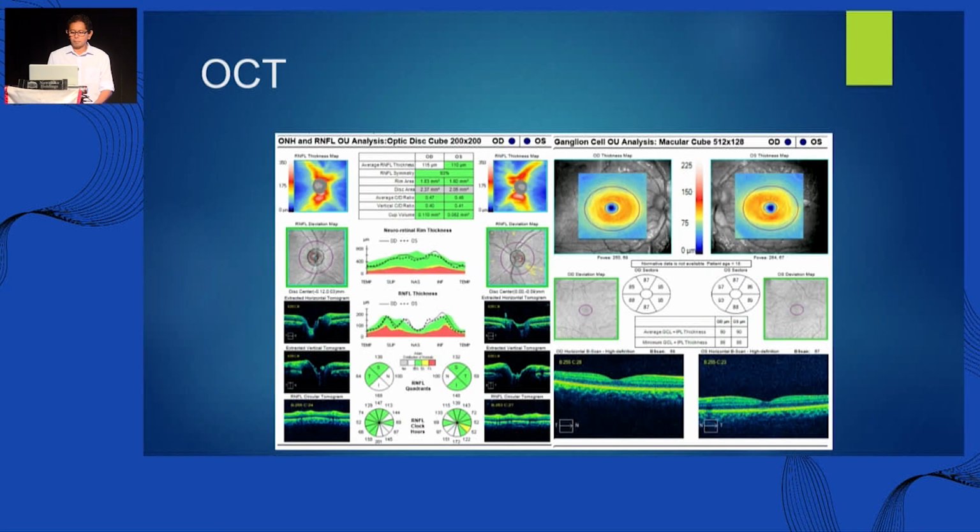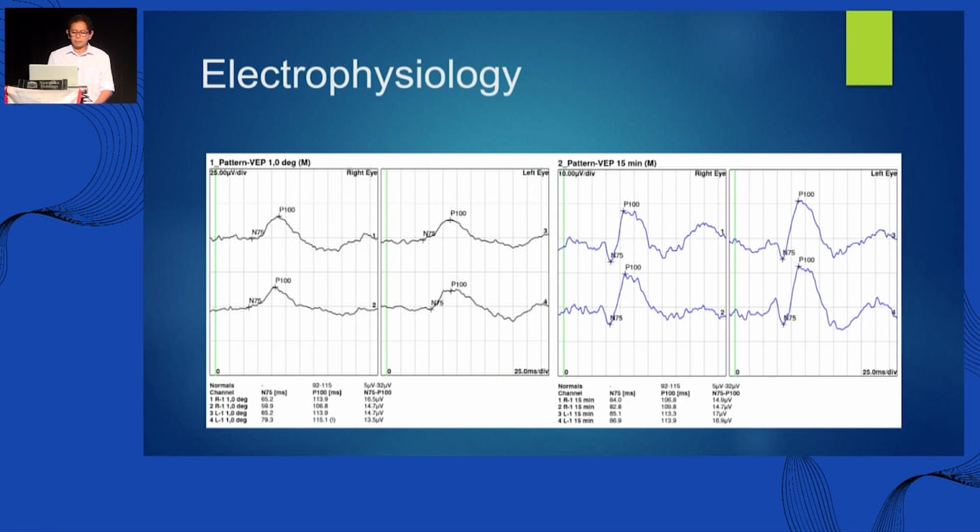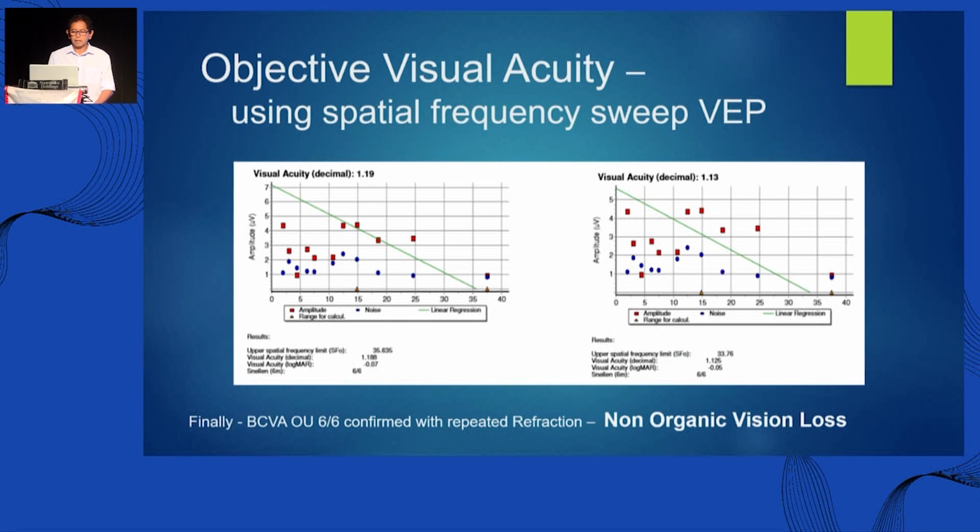Visual fields were normal, the OCTs were normal, so there was nothing that we could detect. The pattern VEP was normal, pattern ERG was normal as well. Then we did an objective visual acuity, which is also available with the VEP, and this showed that the vision was 6/6. So this was a non-organic vision loss.